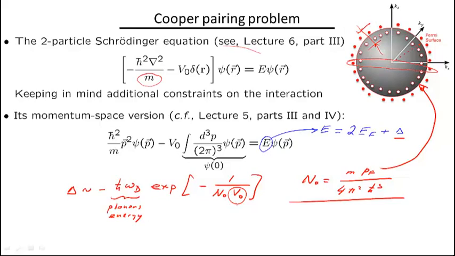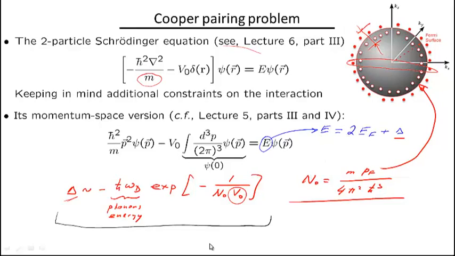So if V naught is small, then the energy of the bound state, the so-called superconducting gap, is exponentially small, and this is exactly what happens. Those of you who followed all segments in lecture number 5 can recognize this result as one that we have seen in the context of the two-dimensional single particle problem. This reflects the reduction in dimensionality that I mentioned before.